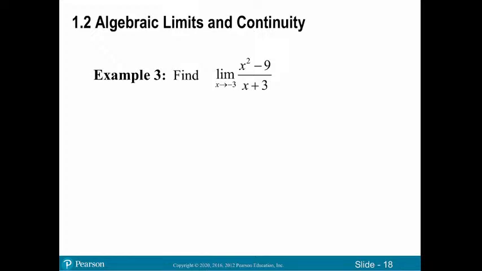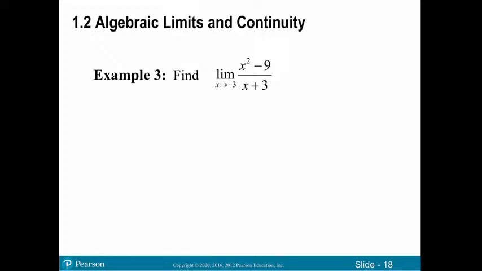If we were to look at the graph, because it's 0 over 0, that means that as x approaches -3, when x is -3, there's going to be a hole in the graph. If we get a fixed number over 0, that usually appears in the form of an asymptote, where the y goes to plus or minus infinity. But when you get 0 over 0, that usually appears as a hole in the graph.